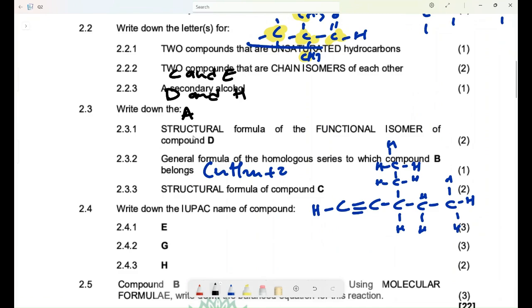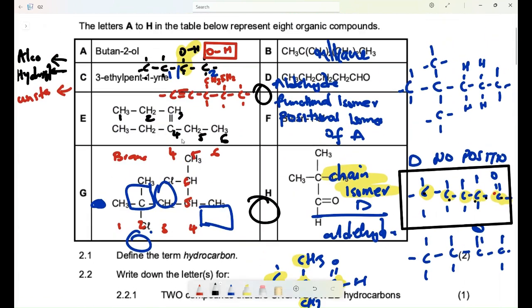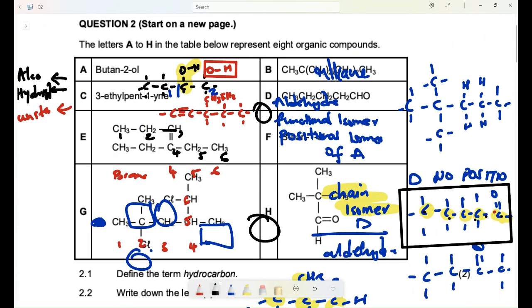Now we have a double bond at carbon number 3, and we also have an ethyl on carbon number 4. Why am I saying it is an ethyl? Because it is CH2CH3. So this is the ethyl group, the branch.